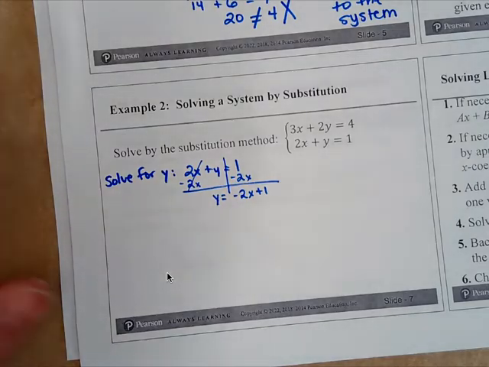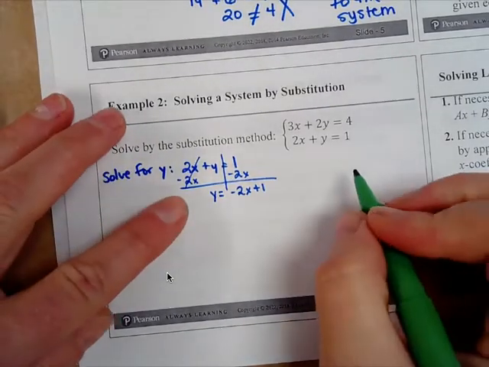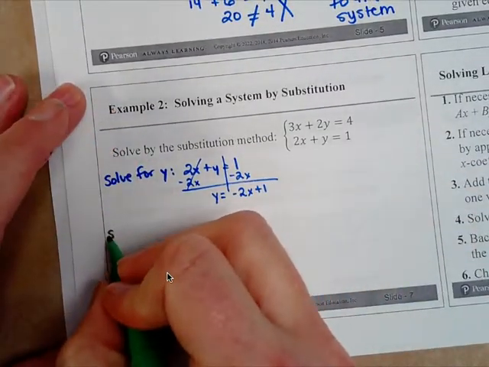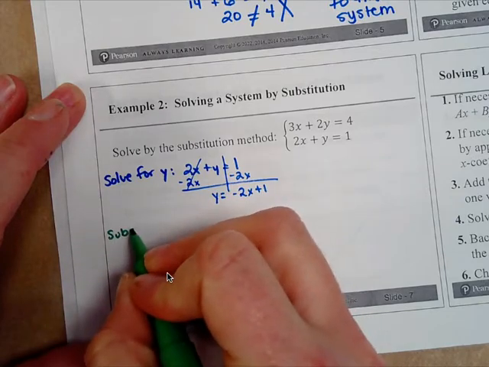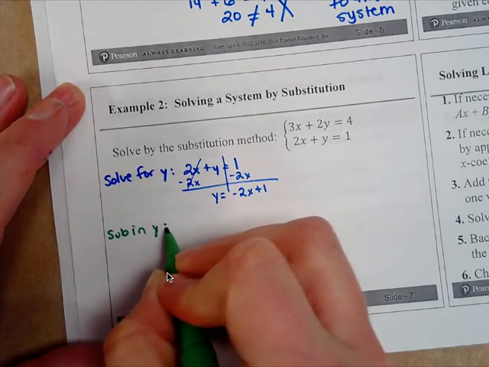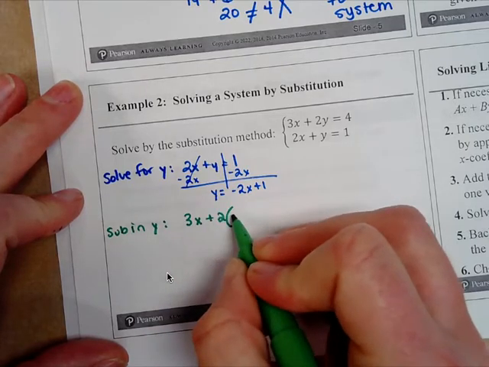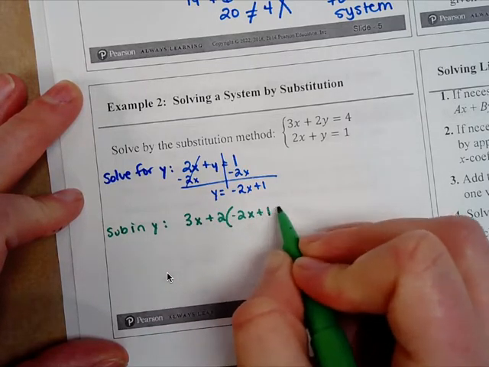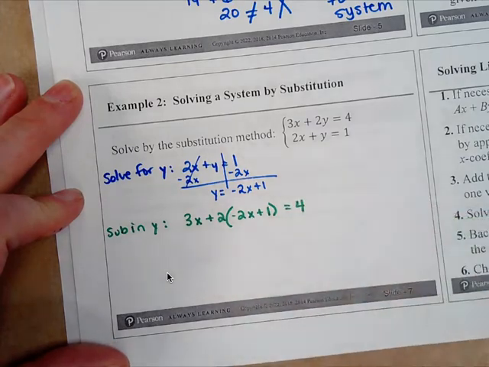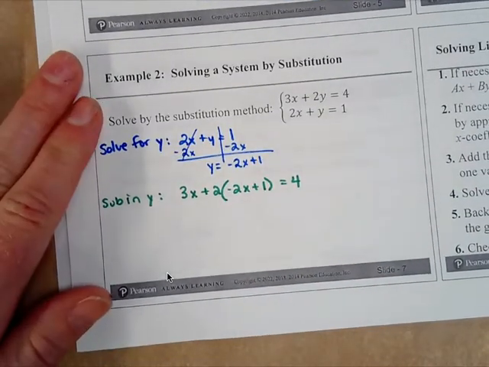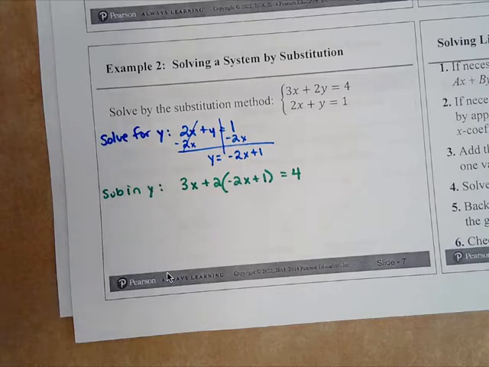And now we're going to substitute this into the other equation. Sub in y. So it's going to be 3x plus 2, parentheses, negative 2x plus 1 equals 4. And when I do that, I just have one variable, and I can solve for x now.